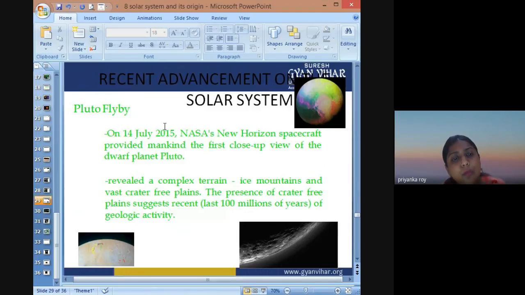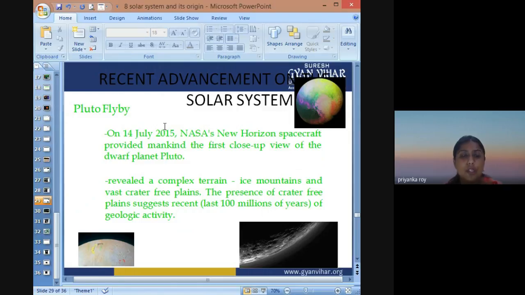Now, the Pluto flyby: on 14th July 2015, NASA's New Horizons spacecraft provided mankind the first close-up view of the dwarf planet Pluto. It revealed a complex terrain, icy mountains, and vast smooth plains. The presence of these plains suggests that there has been geological activity within at least the last 100 million years.